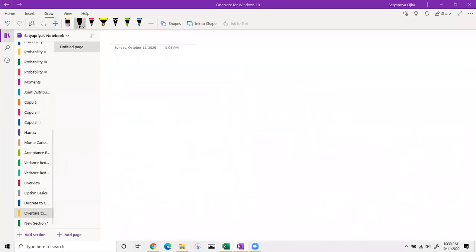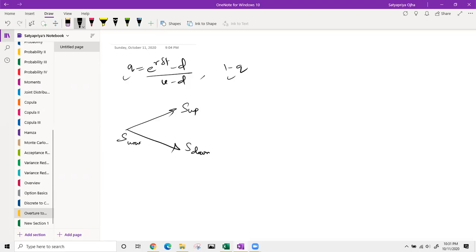If you choose these two probabilities, and this is my stock price today, then my average grows at risk-free rate, or I can write the expectation is S now times e to the power r_f delta t.